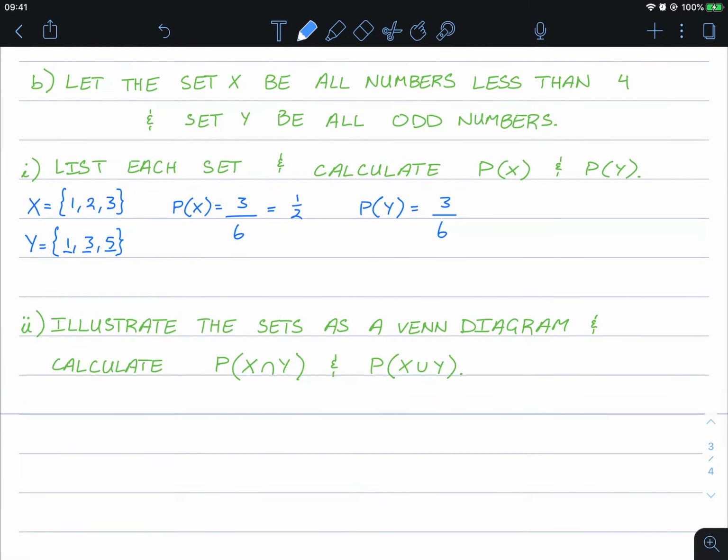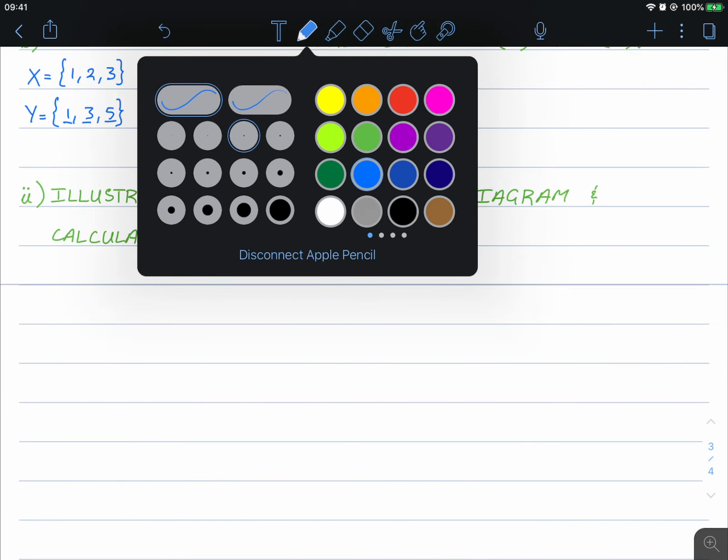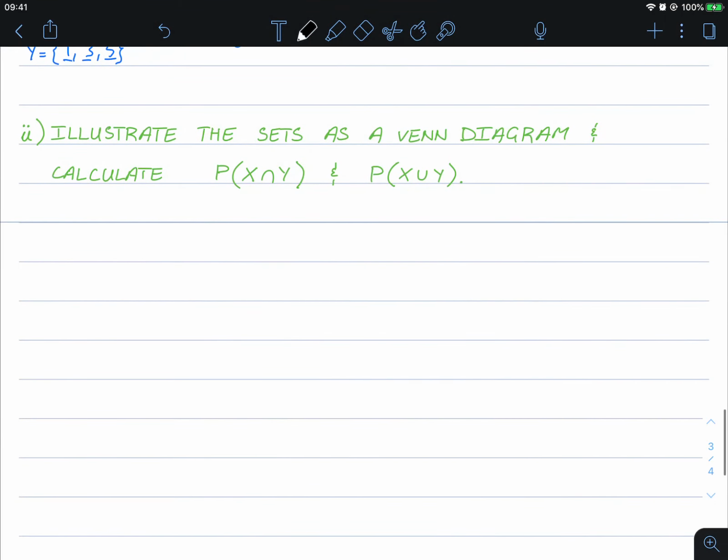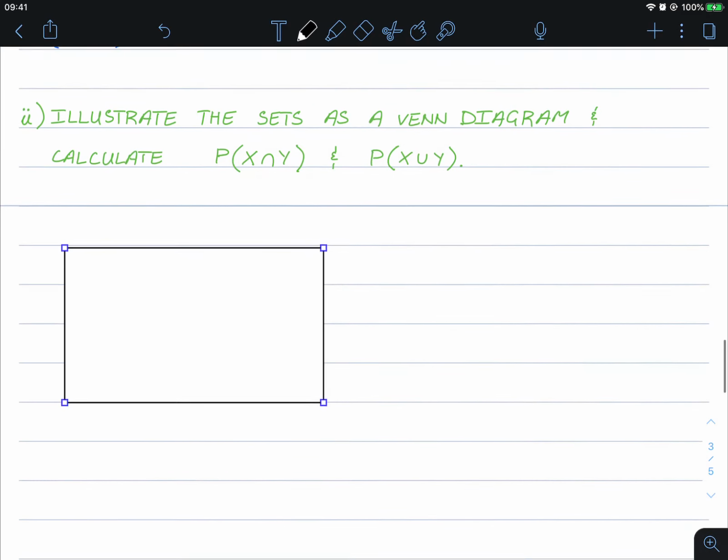Illustrate the sets as a Venn diagram and calculate the probability of X intersect Y, and the probability of X union with Y. Okay, so let's illustrate this. Here's my sample space.